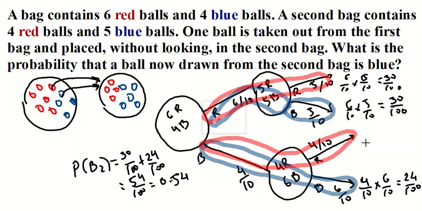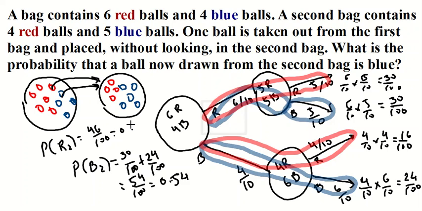And for this line we have 4 by 10 multiplied by 4 by 10, which is 16 by 100. So the probability of selecting red from the second bag is 30 plus 16, we have 46 by 100, which is nothing but 0.46.